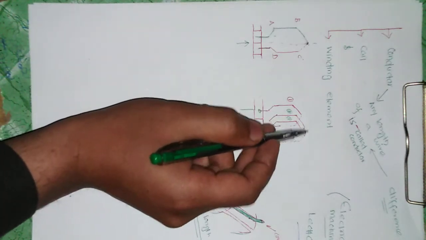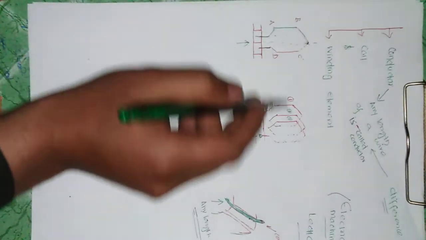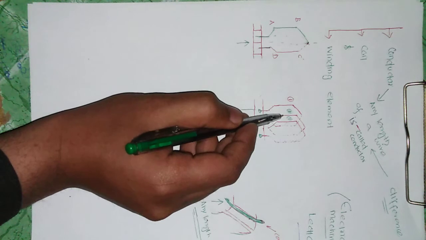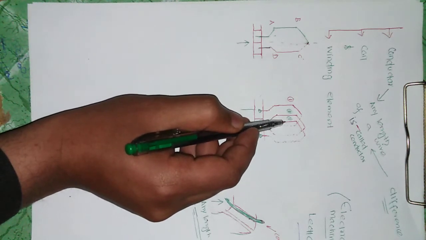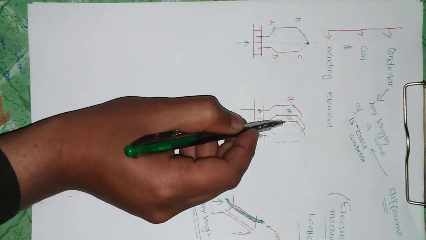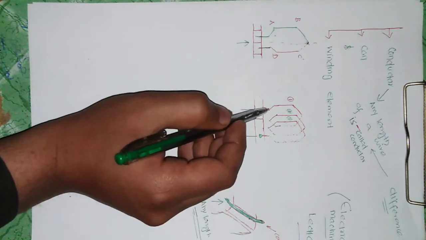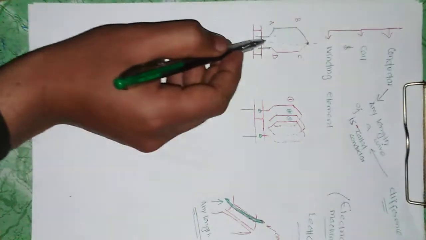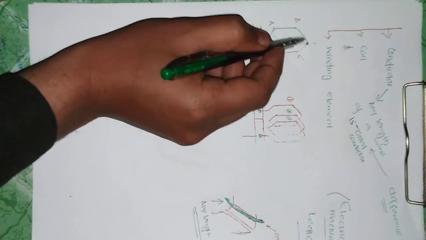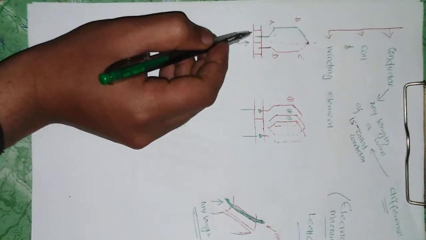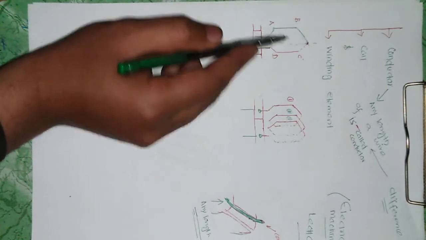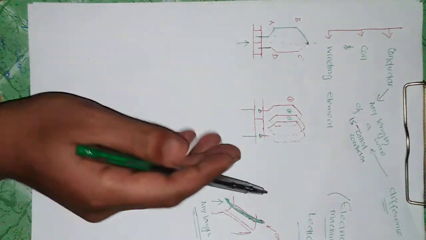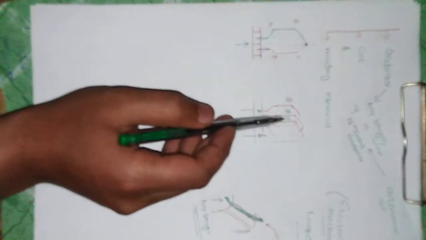Now, here on each side, there are two sides of a coil, as already mentioned. Here on each side there are 1, 2, and 3 conductors. So this is a multi-turn coil, and this is a single turn coil, because here on each side there is only one conductor. Always there are two sides of a coil.